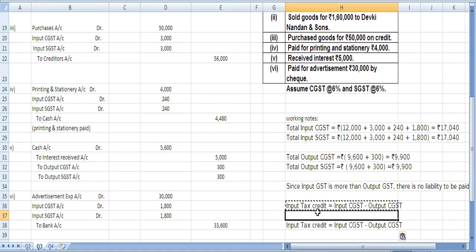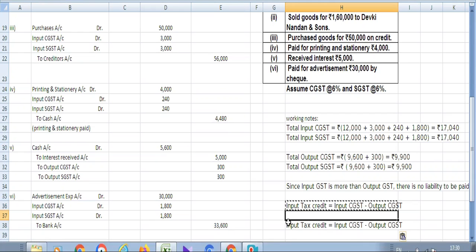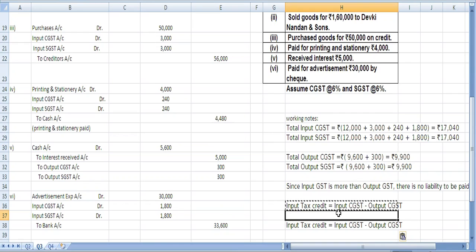So first we will start with this. Here the amount will be 17,040 minus 9,900. So this will come as 7,140.